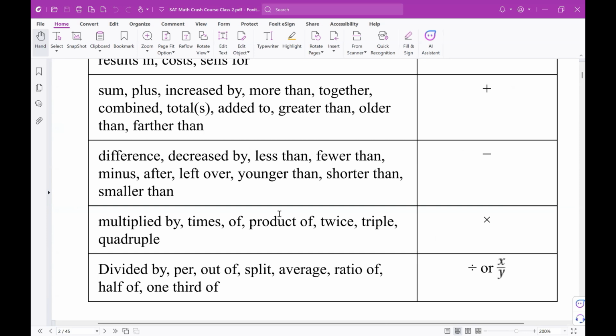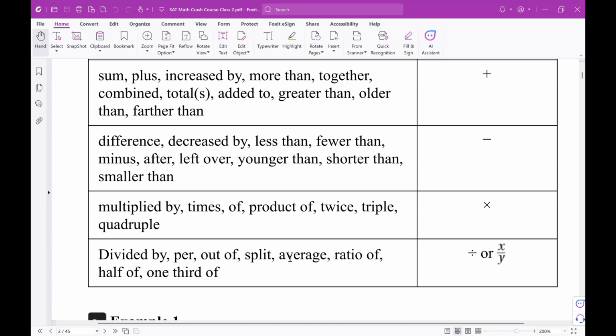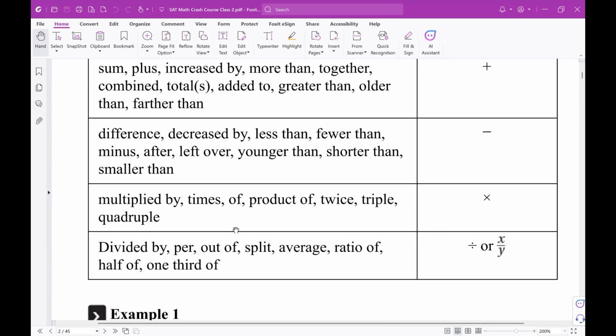You will understand as we go through hands-on word problems. Product of, twice, triple, quadruple: we use multiplication in these cases. Divide by, per, out of, split, average, ratio of, half of, one third of: we use the division operation.